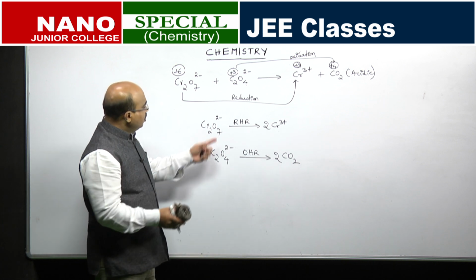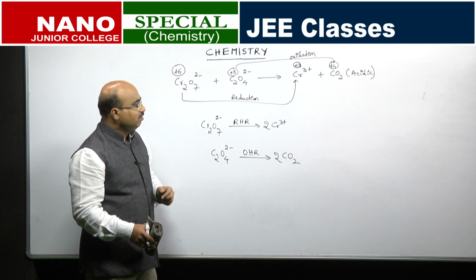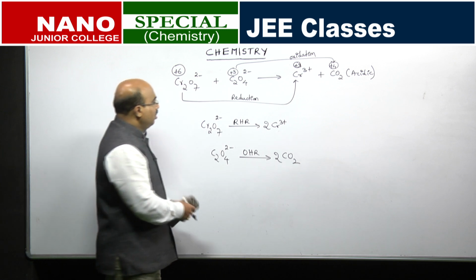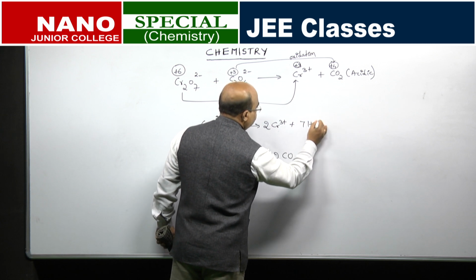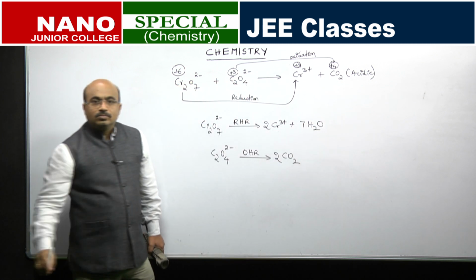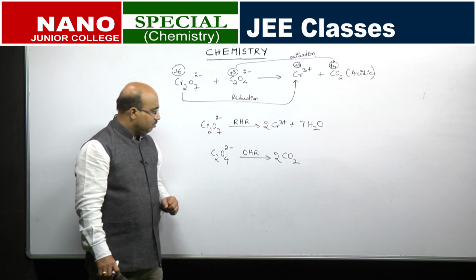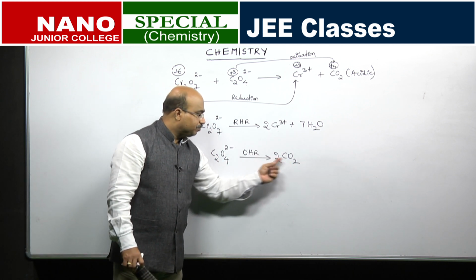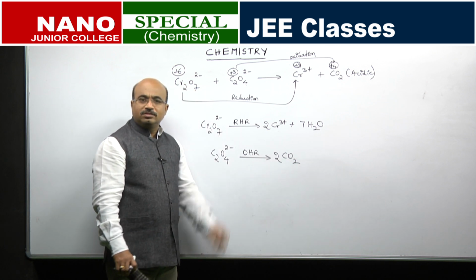So, here how many oxygens are there? 7. Here how many oxygens are there on the right hand side? 0. So, what we will do? We will write 7 H2O here. In this equation, 4 here, 4 here. So, there is no need to add water in this.